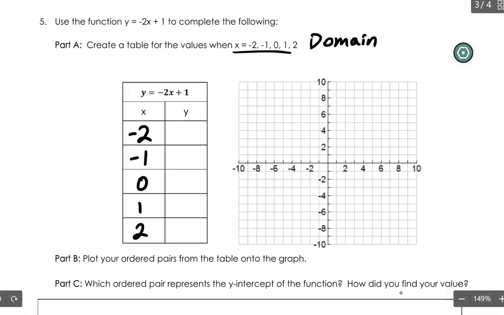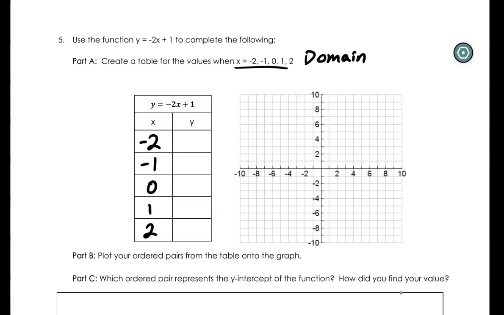So in order to fill in my chart, okay, I have all my x values here from the question. Now I have to find y. Well, x is right here in my equation. So let's do the work. Y equals -2. X is now a parentheses with a -2 inside. Plus 1.